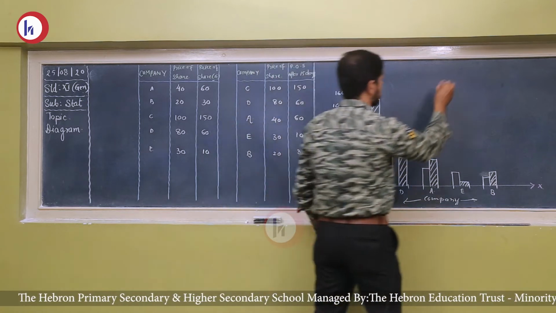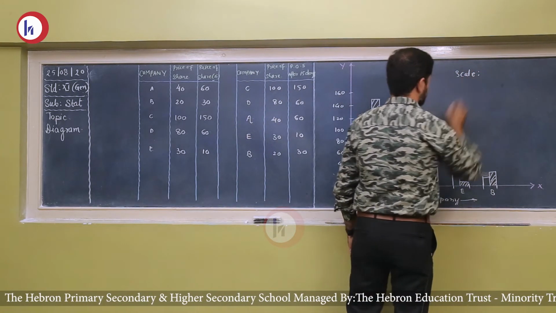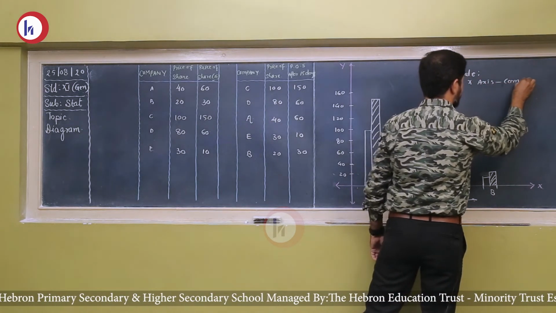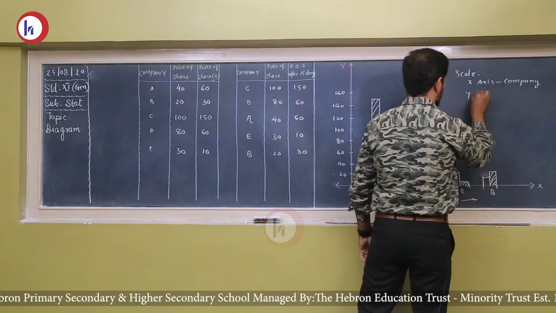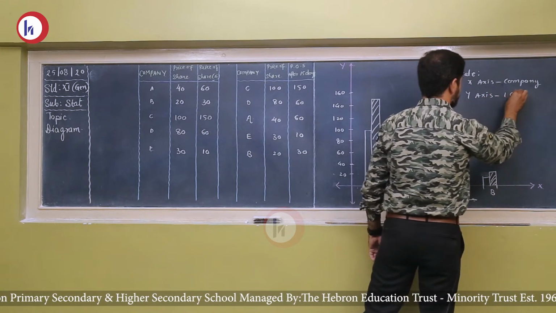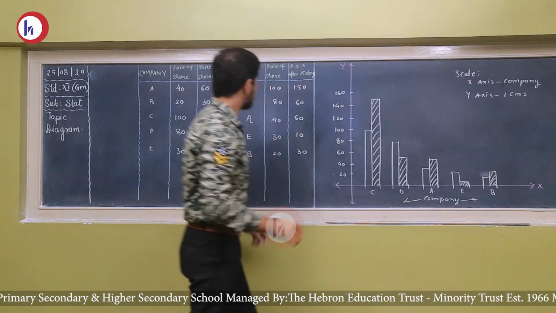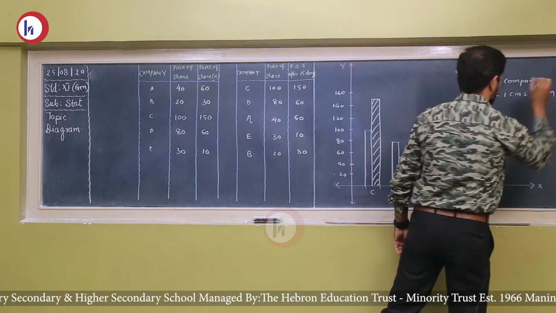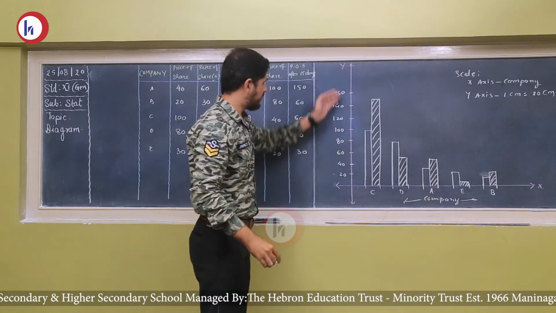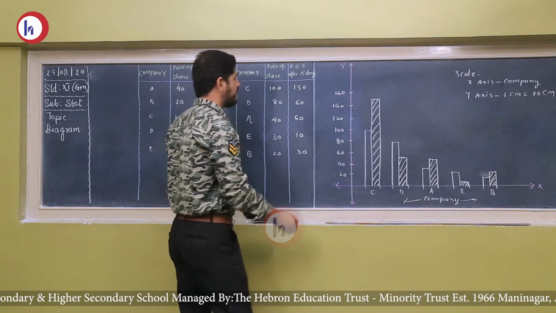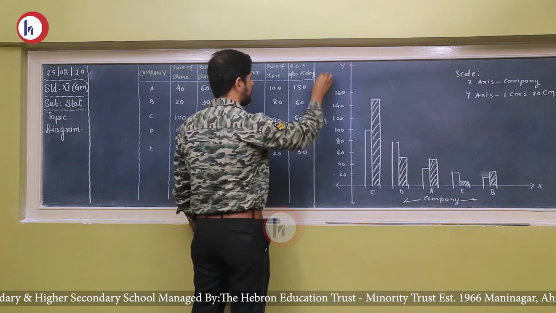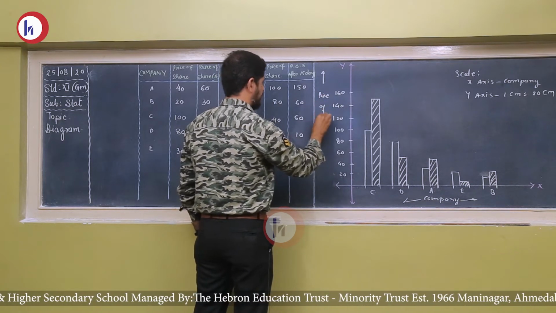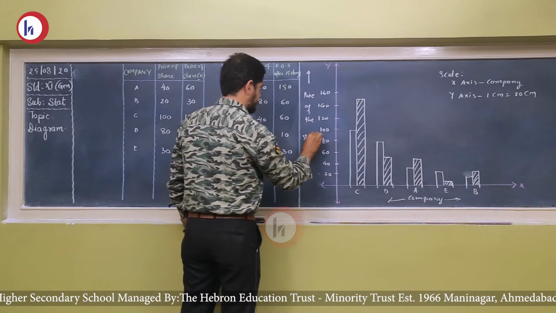Now the scale. On the x-axis there are companies, on the y-axis 1 centimeter is equal to 20 rupees, because the difference on the y-axis is 20. So what we represent is the price of the shares on the y-axis.